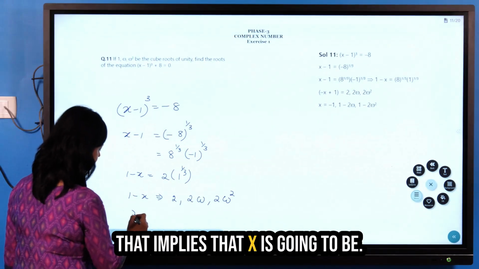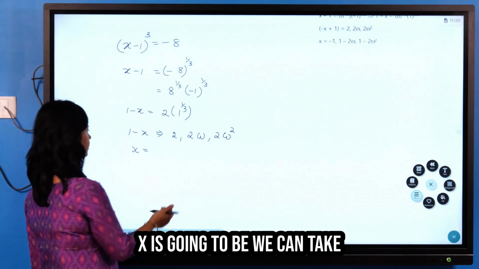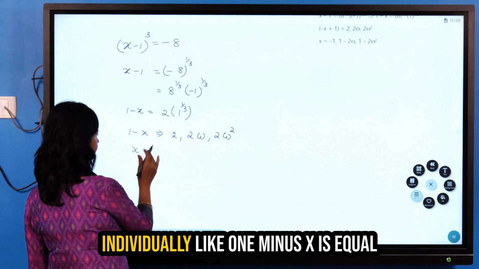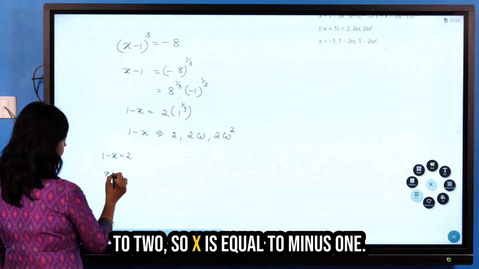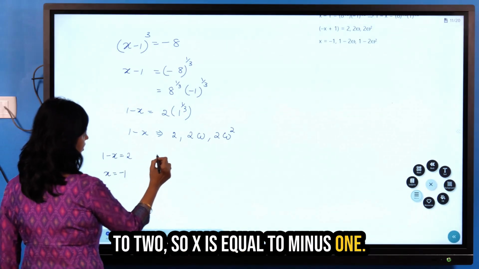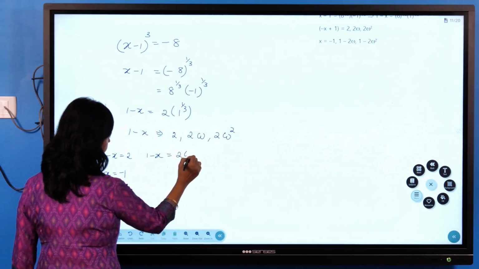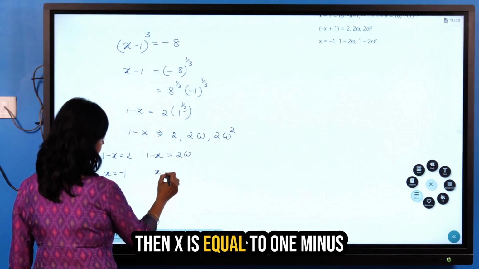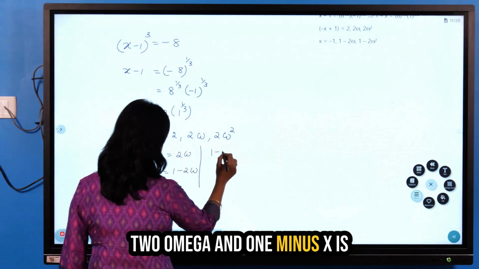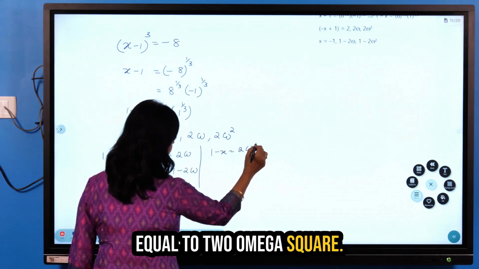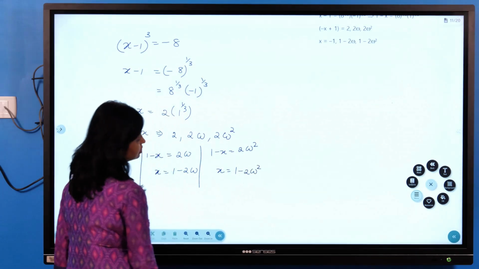That implies that x is going to be, we can take individually: 1 minus x is equal to 2, so x is equal to minus 1. 1 minus x is equal to 2 omega, then x is equal to 1 minus 2 omega. And 1 minus x is equal to 2 omega square, so x is equal to 1 minus 2 omega square.